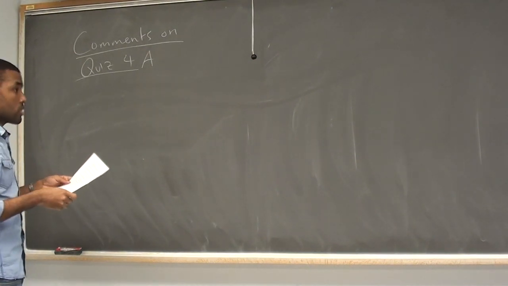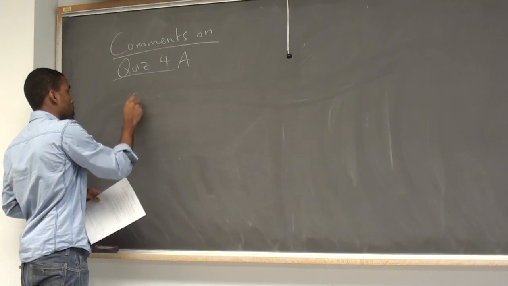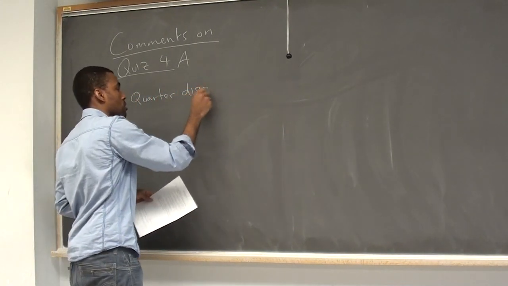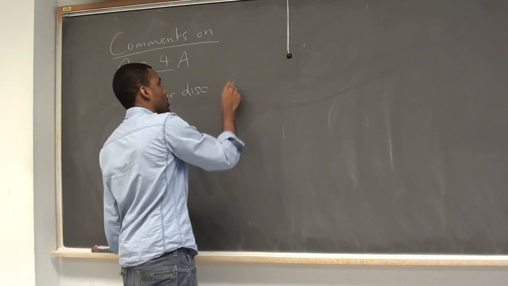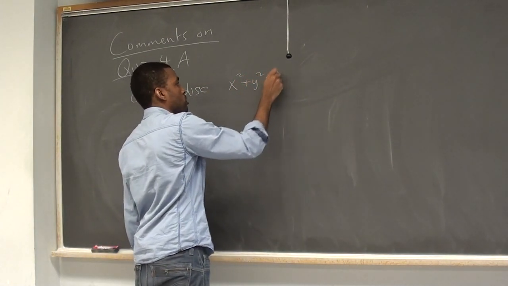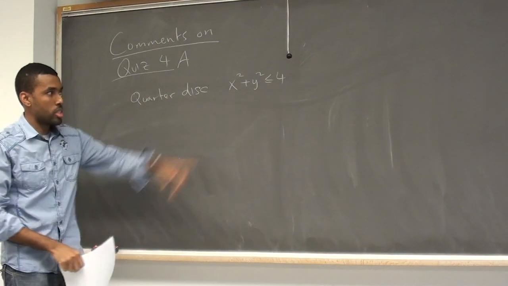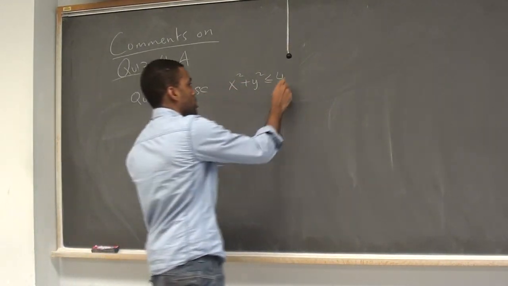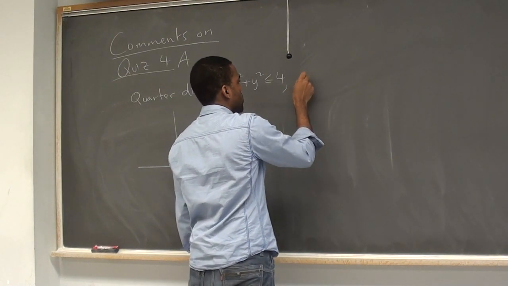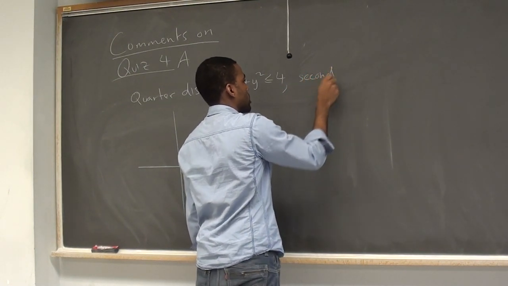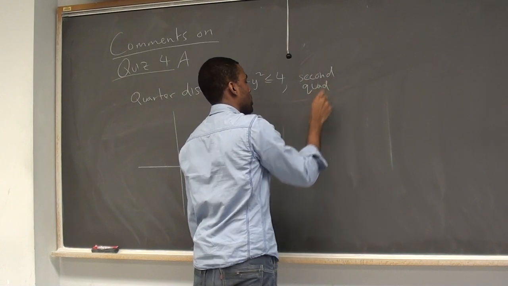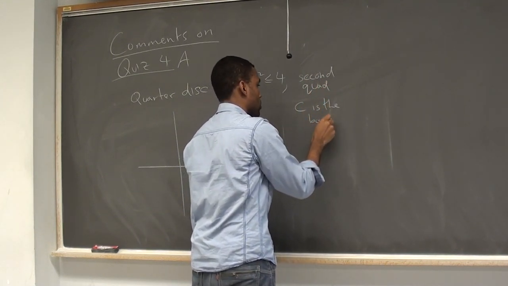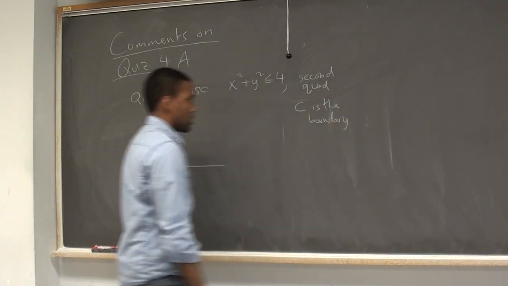So I said the quarter disk x² plus y². That's defining a region because I have an inequality. And I want the second quadrant. And C is the boundary.